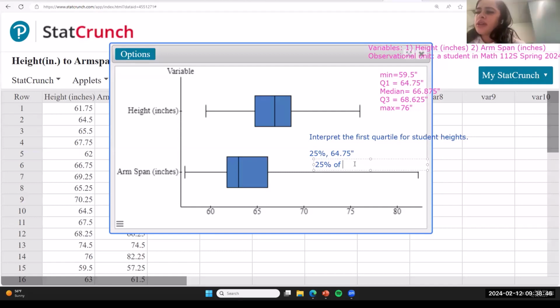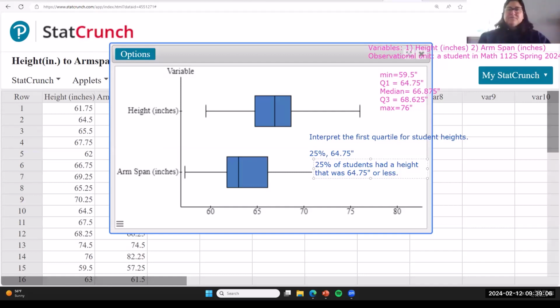A student in math, yeah, 112 S. 25% of students had a height that was 64.75 inches or less, right?